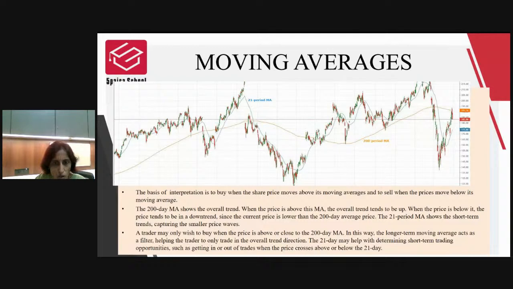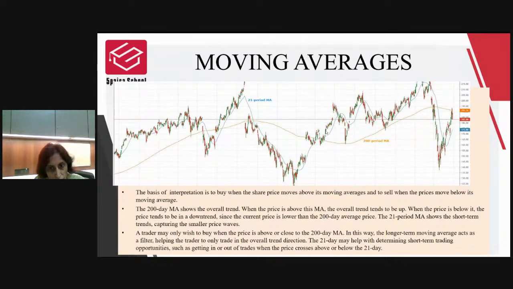The basis of interpretation is to buy when the share price moves above it. The share price is moving above the 200 period moving average, or even the 21 period moving average. You see this? The share price is moving above not only the 200 moving average but also the 21 period moving average. What does it indicate?